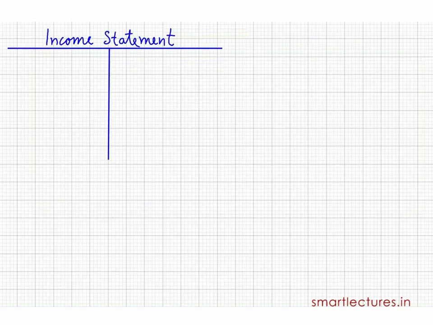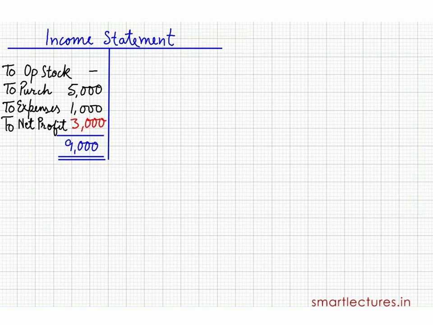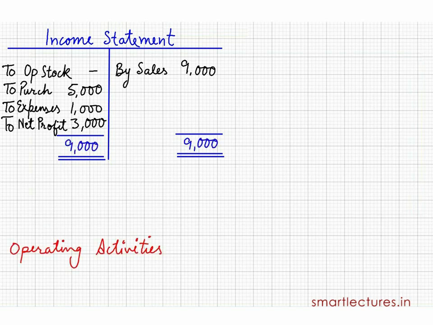Suppose this is the income statement. Opening stock nil, purchases 5,000, expenses 1,000, net profit 3,000. And on the credit side, by sales 9,000, and total on both sides 9,000 rupees. You know very well that all operating activities are put in the income statement.